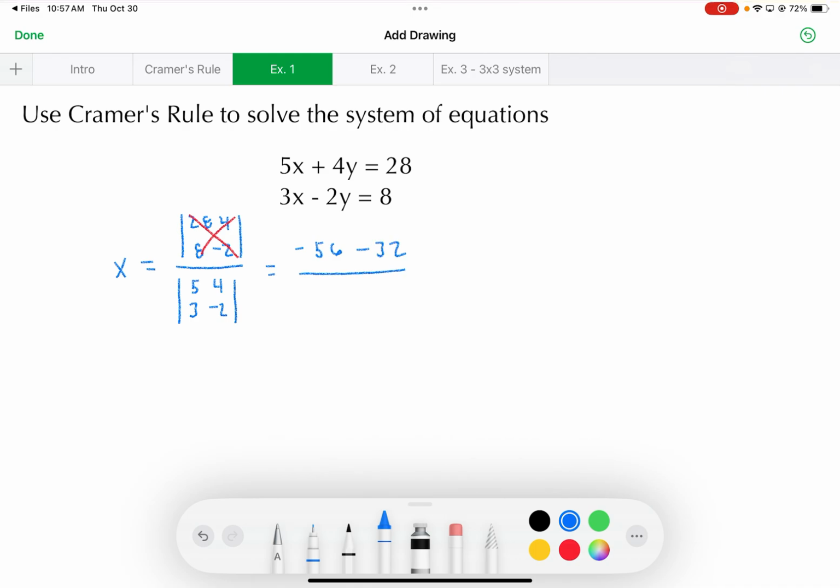I'll clean that up in a moment. Down below, negative 10 minus 12. So that's going to give me negative 88 over negative 22. And this one actually reduces out nicely to a positive 4.